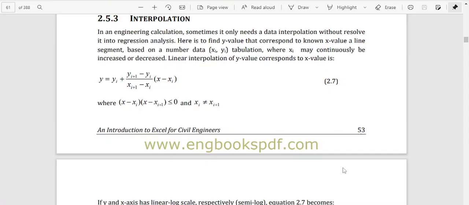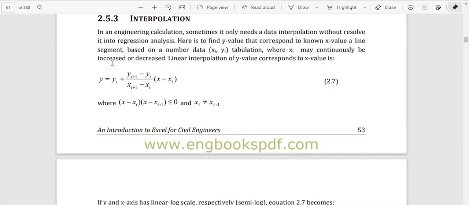What you are seeing on screen is a linear interpolation formula to determine a value, whether x value or y value. You can use this formula to interpolate any value.